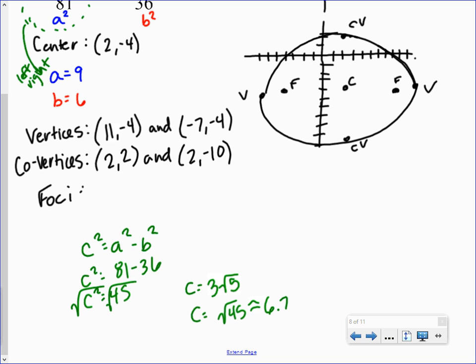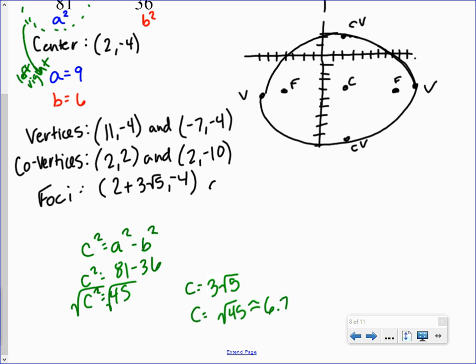And so then when you list those out as ordered pairs, they're more like the vertex points where we were counting left and right. So we're going to have to add that exact value, 3 square root 5, to my 2. So one of my focus points is at (2 plus 3 square root 5, negative 4).